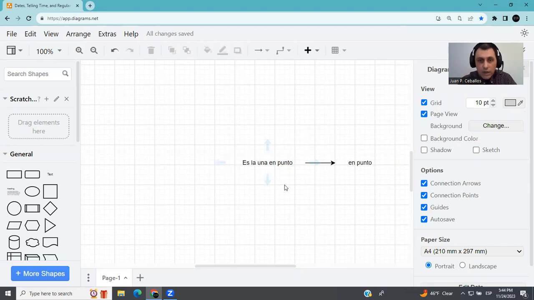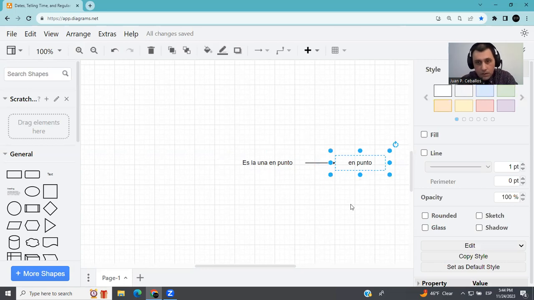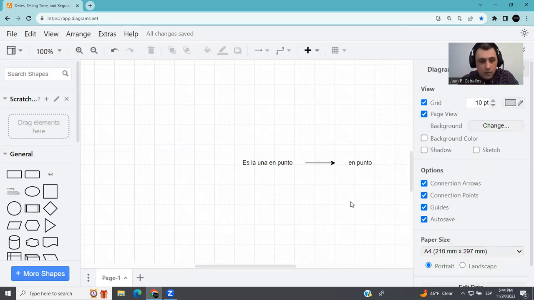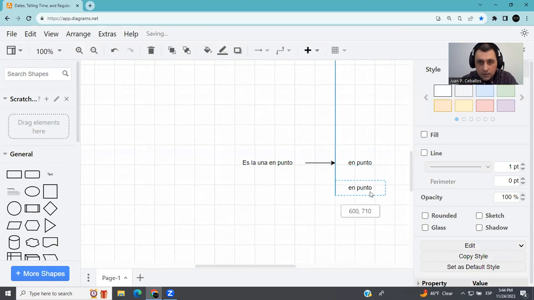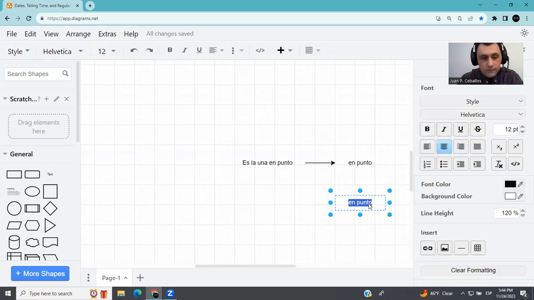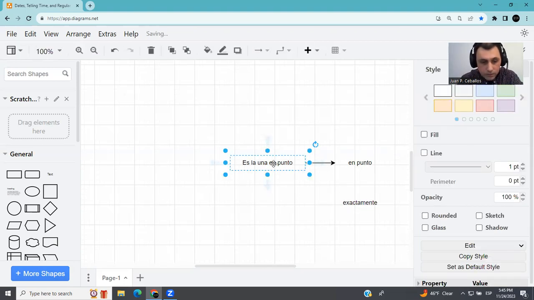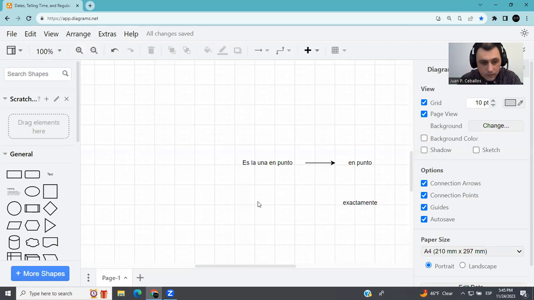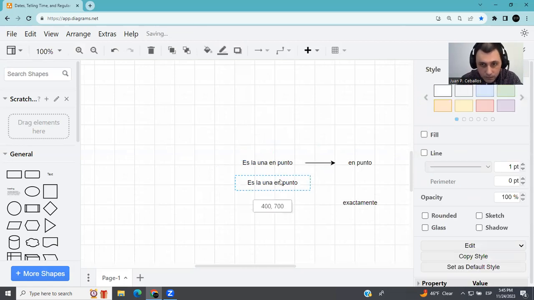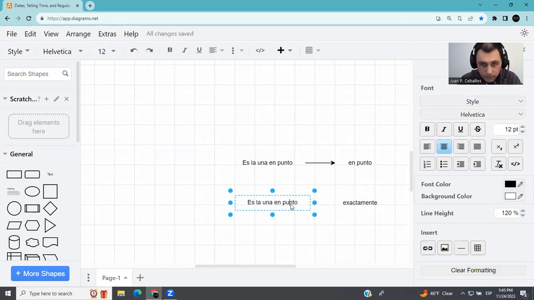In other words, o'clock means en punto. I can also say, instead of en punto, I can say exactamente. Exactamente. Okay. And in this case, I will change this to give you an example. It would be, es la una.